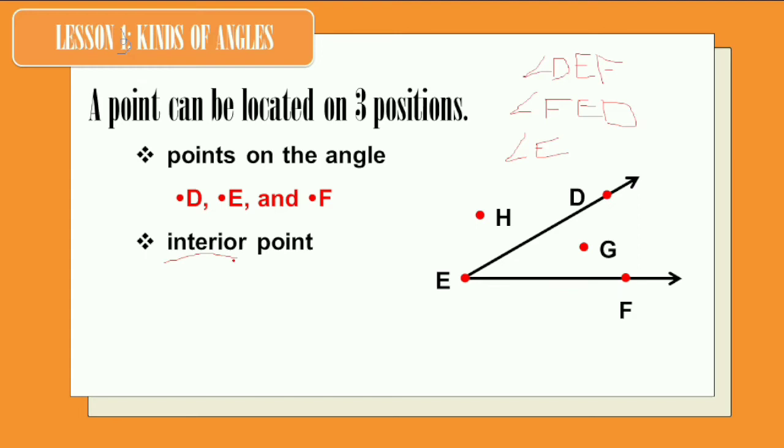So, alin nga ba yung point na nasa loob ng angle? Edi ito, point G. Then, we have exterior point. So, kung meron tayong interior, meron din tayong exterior, nasa labas. Alin dyan yung point na nasa labas ng angle? Edi yung point H. Ito yon, nasa labas.